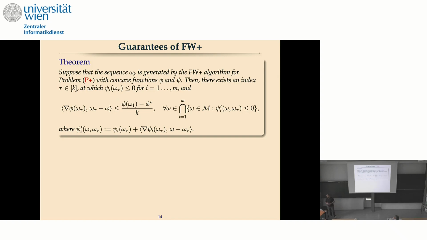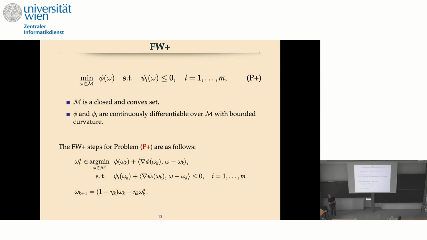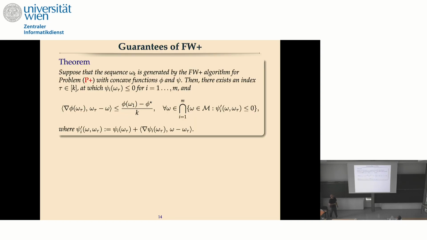We considered different problem settings, convex or concave, but I will start from the concave. If phi and psi, all of them are concave functions, because this is the one which actually becomes equivalent to the CCCP plus. In this case, we can ensure that the sequence generated by Frank-Wolfe plus returns an omega tau, which is feasible.